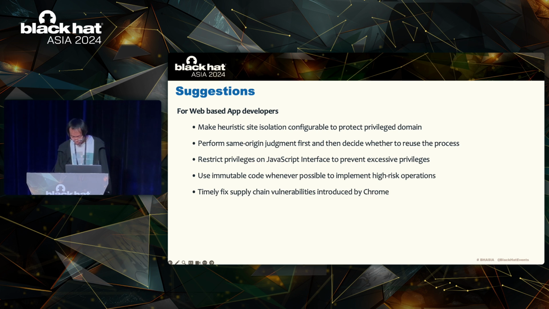And restrict privilege on the JavaScript interface to prevent excessive privilege. And use immutable code whenever possible to implement high-risk operations. And finally, fix supply chain vulnerabilities introduced by Chrome in a timely manner.